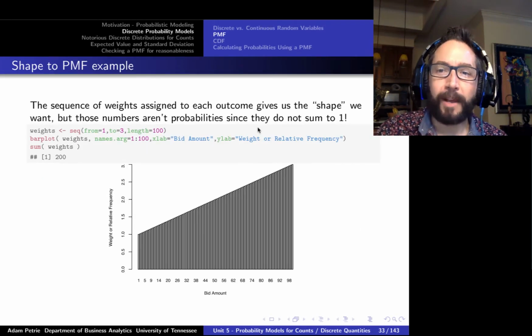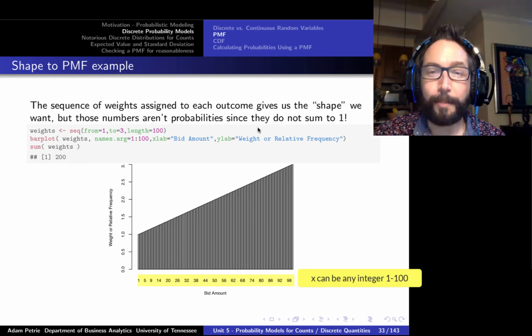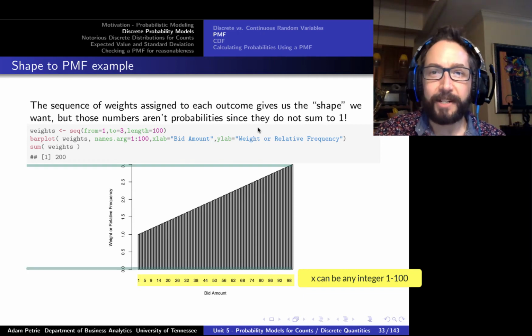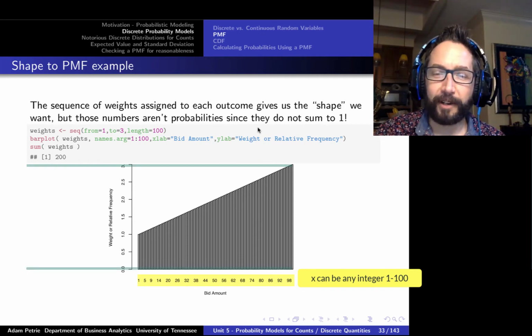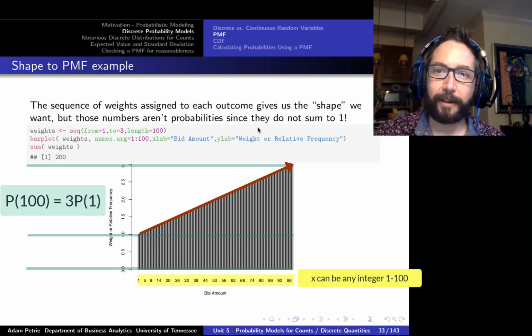So, for example, let's imagine that we wanted to come up with a probability distribution that had the following properties. Any value between 1 and 100 is possible, but larger values are progressively more likely. Specifically, we want the probability of observing a 100 to be 3 times larger than the probability of observing a 1, and we want those probabilities to ramp up linearly.